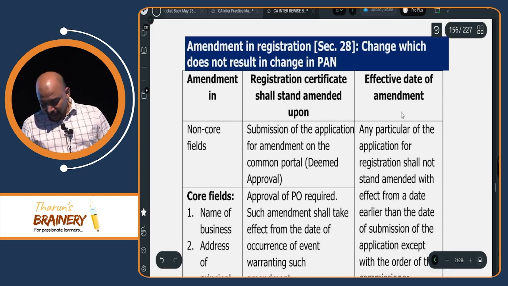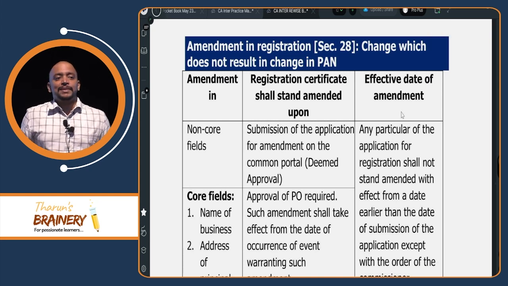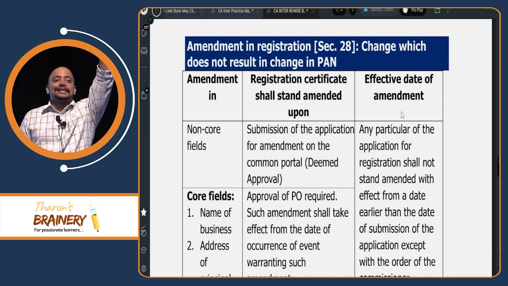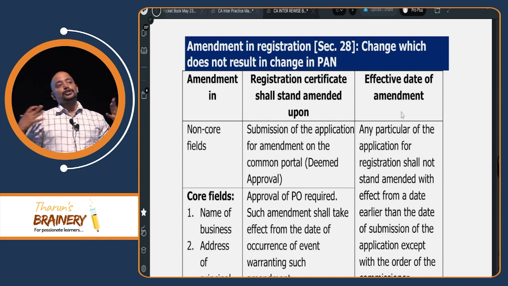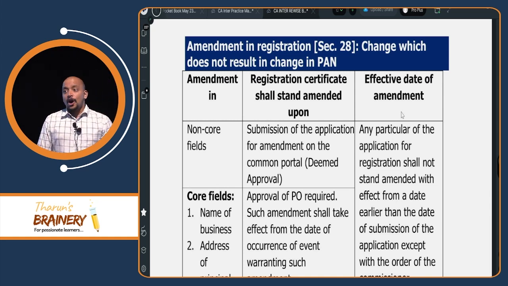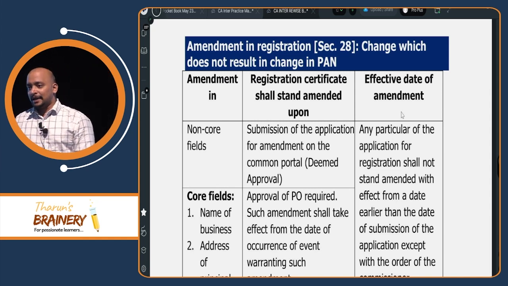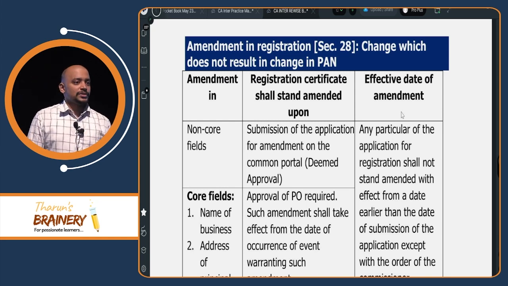So section 28, amendment in registration. When there is any change in particulars submitted at the time of registration, there will be amendment in registration. So what are those changes? What could change? Address could change, name could change, or the goods or services that you deal with, mobile number, top management, email ID, bank account, correct?